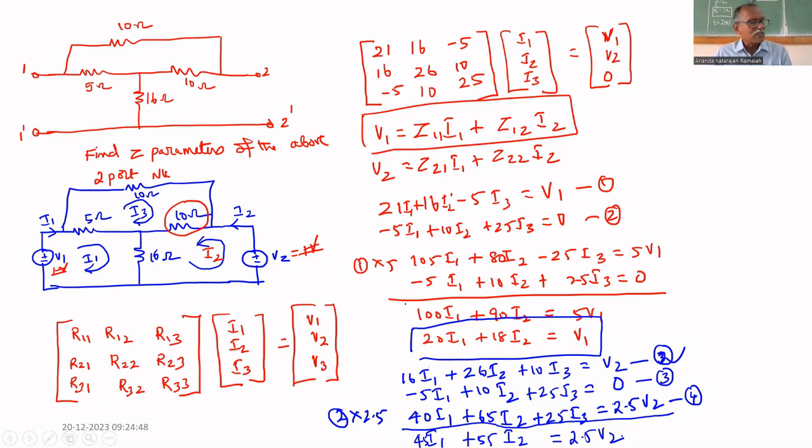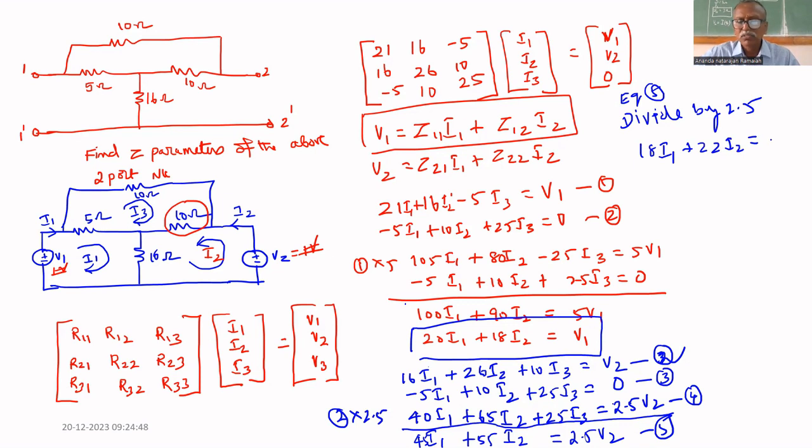Divide the entire equation by 2.5. 45 divided by 2.5 is 18 I1, 55 divided by 2.5 is 22 I2, equal to V2.